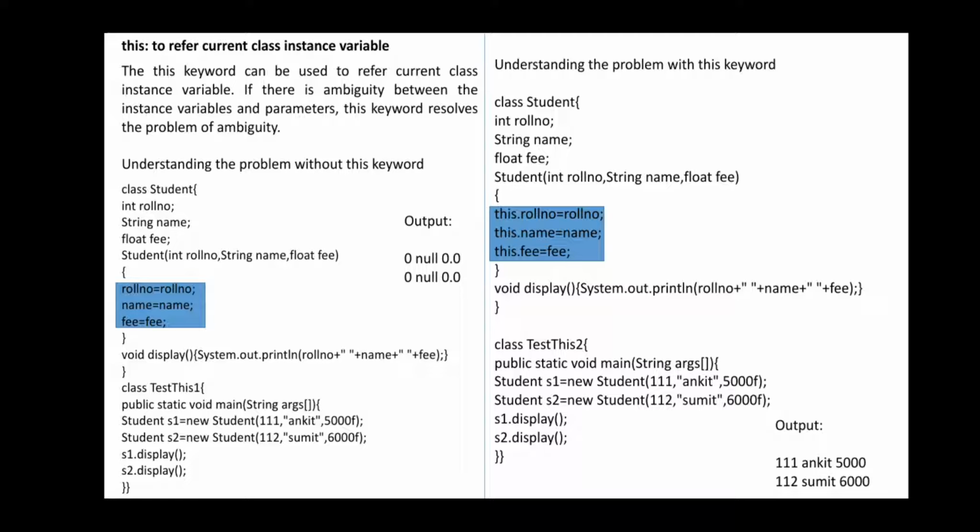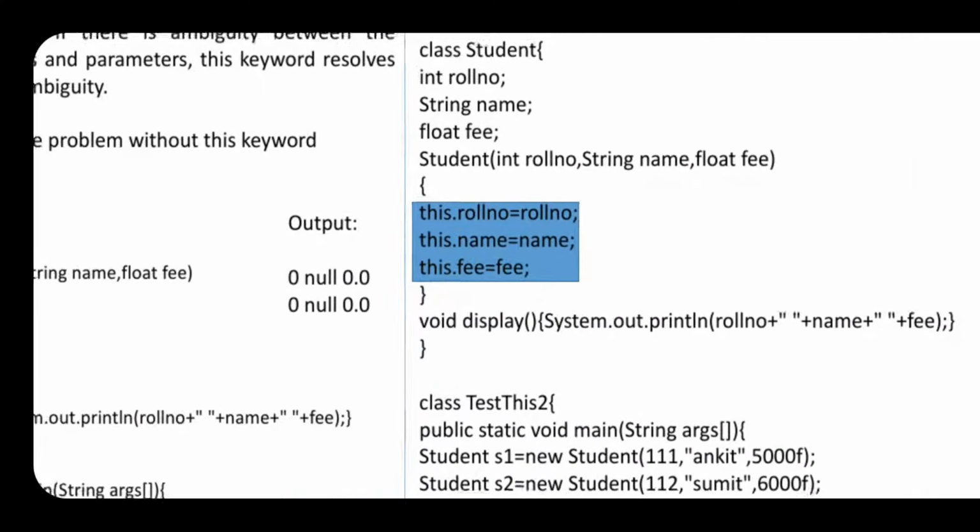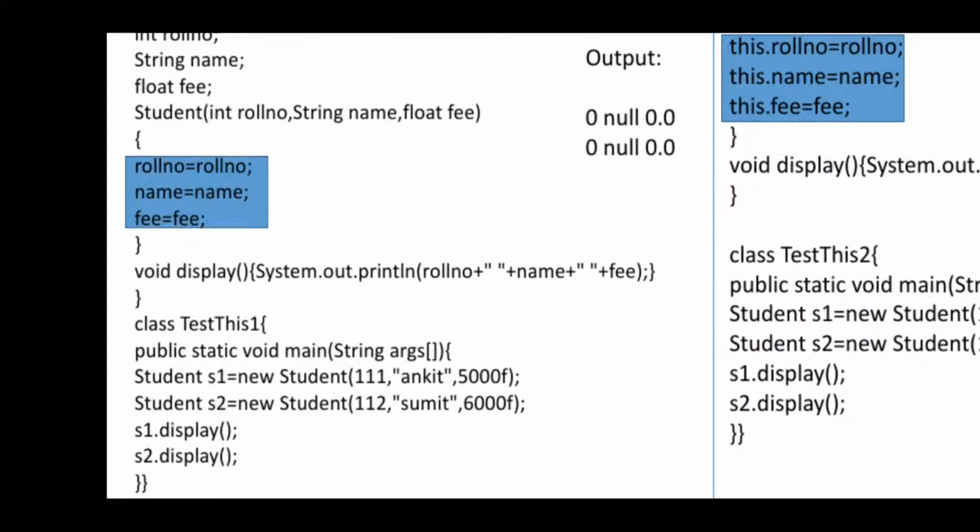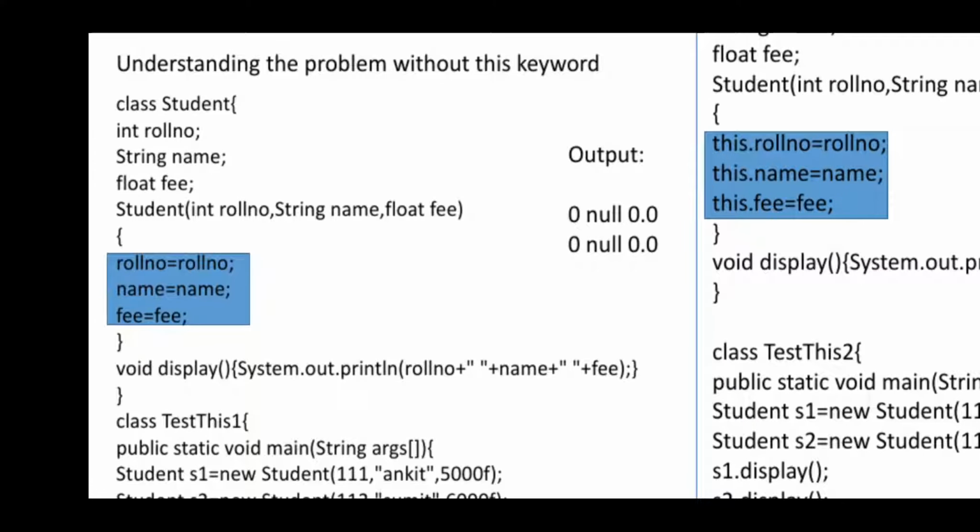Okay, we shall see with a simple statement here. We are going to have a simple example of how the this keyword can be defined over here with a class named Student, and the instance variables you are having are int rollno, String name, as well as float fee. So you can check here, you are going to have instance variables, and through the constructor, how can you identify a constructor?